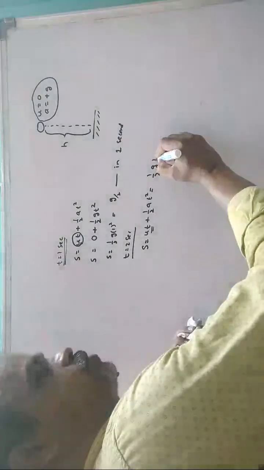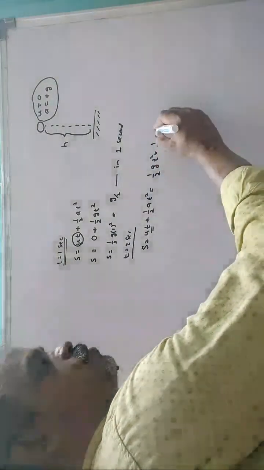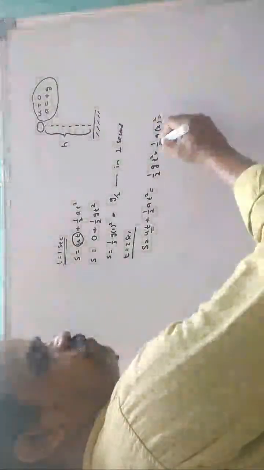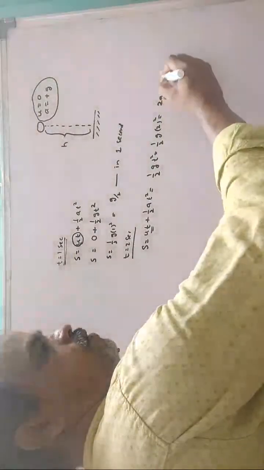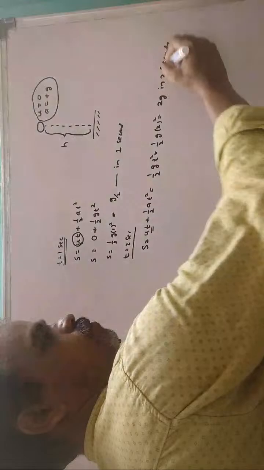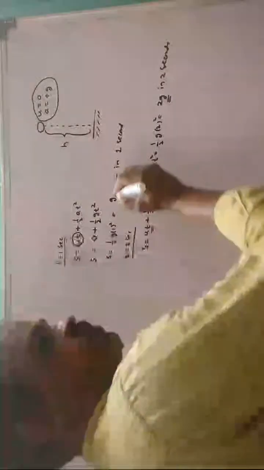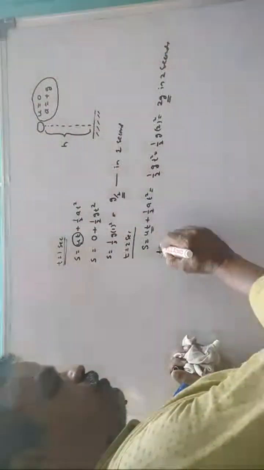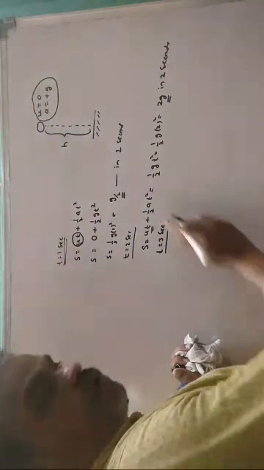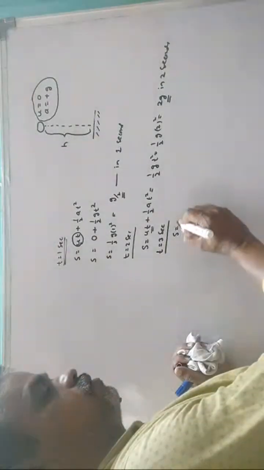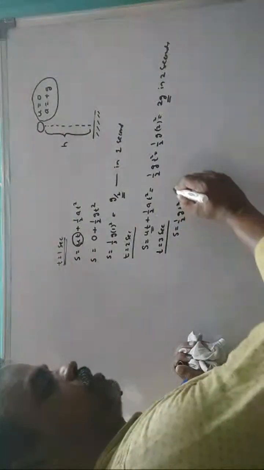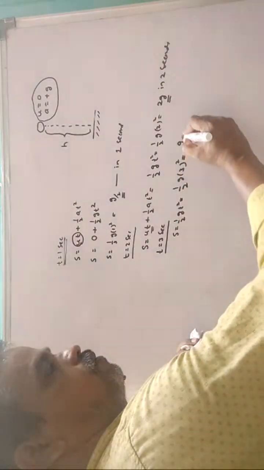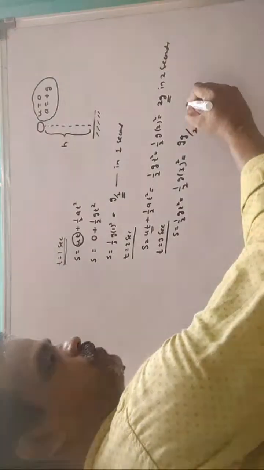Substitute that time here also in t square, g into 2 square, so you will get 2g in 2 seconds. 2g in 2 seconds, g by 2 in 1 second. Like that, for t equal to 3 seconds, s equal to half gt square, g into 3 square, 9g by 2 in 3 seconds.